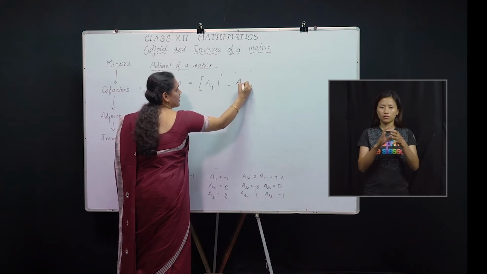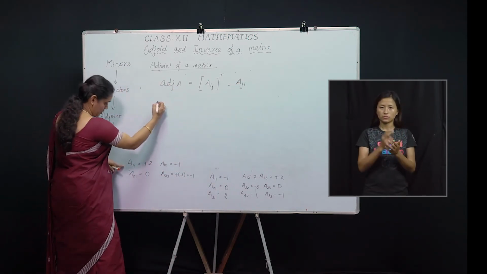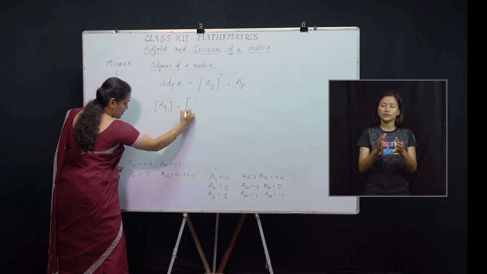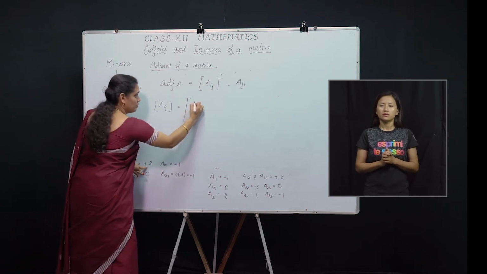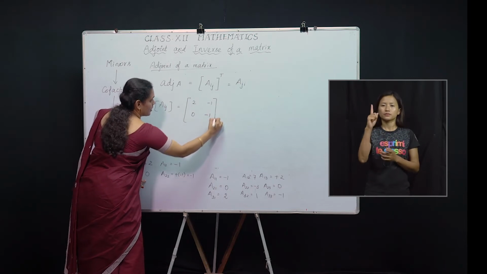Otherwise, you can write it as Aji. All right. Let me write the cofactor matrix for this first. That is Aij. That gives us 2, -1, 0, -1. Right?